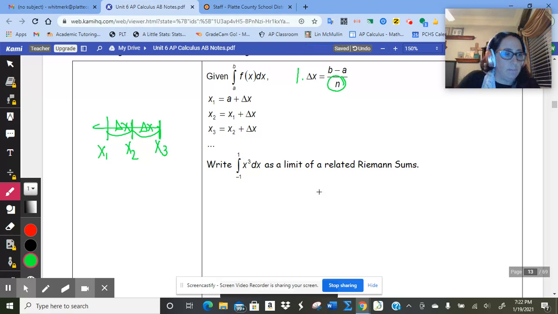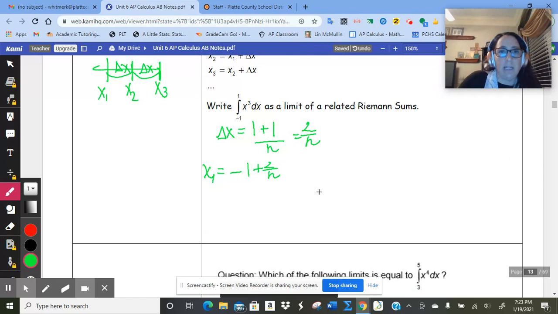So let's look at this one. The first thing I'm going to do is find my delta x. I'm going to take my b minus my a, so minus a negative, and divide by n. So I can see that I have 2 over n. Then I'm going to find my x sub 1. My x sub 1 is where I start, and then I add 2 over n.